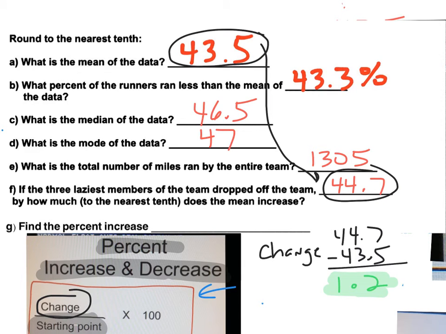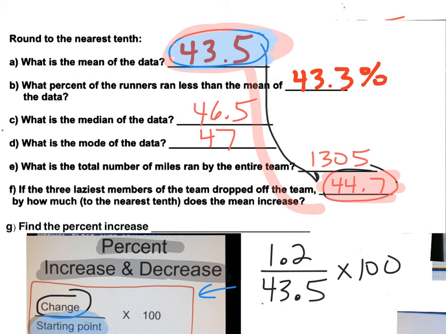Well, the average went from 43.5 up to 44.7. So the starting point is where it was in the beginning, so the average of the original team, which was 43.5. So I'm going to do 1.2, that was the change, divided by the starting point, which was the original mean, 43.5, and then multiply that by 100.